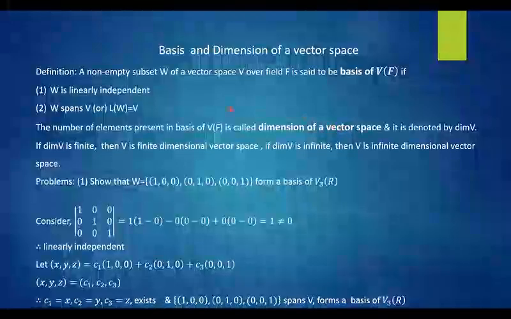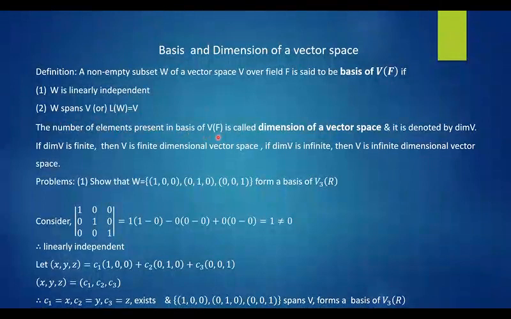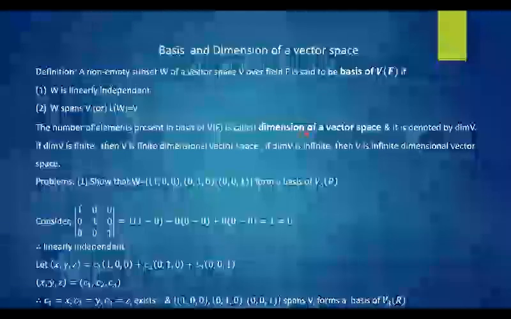So the number of elements present in the basis of V over F is called the dimension of a vector space. What is the dimension of a vector space?